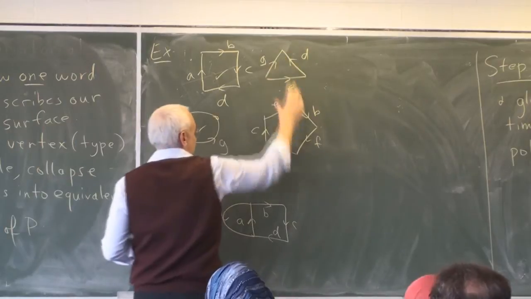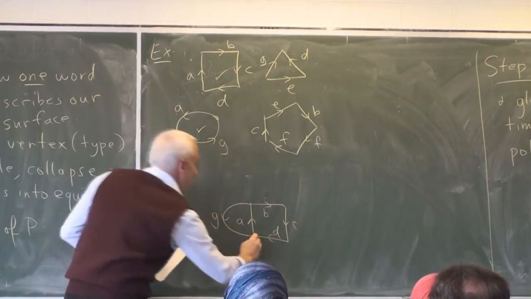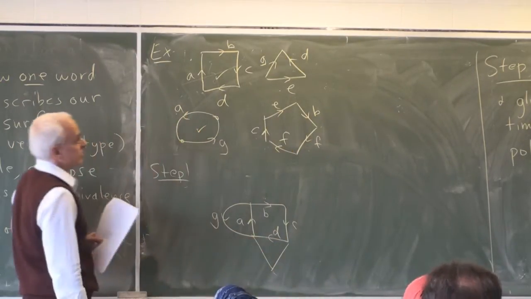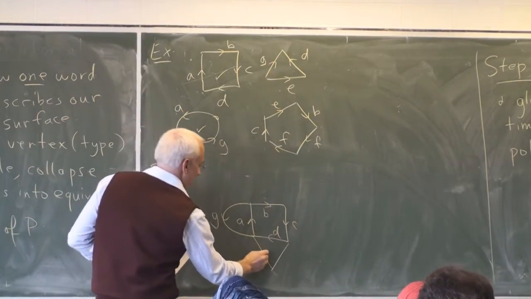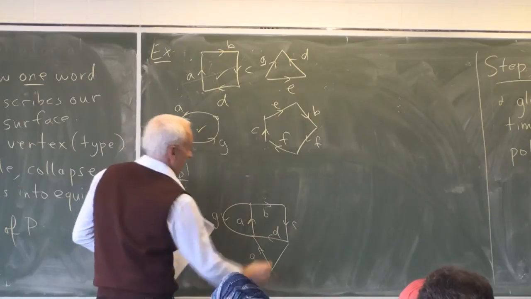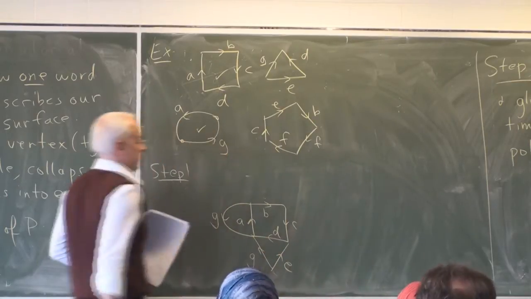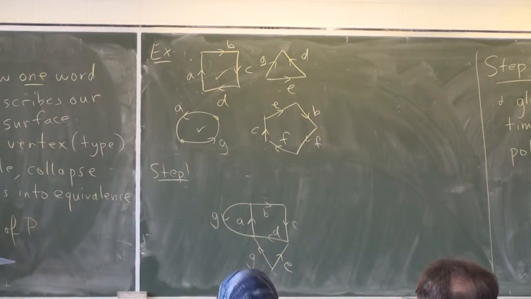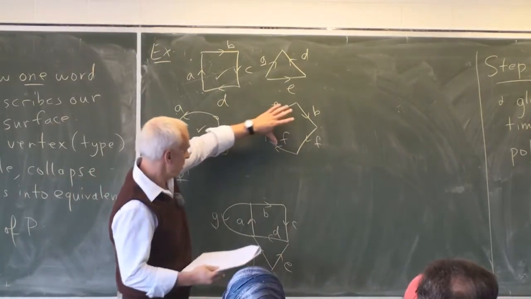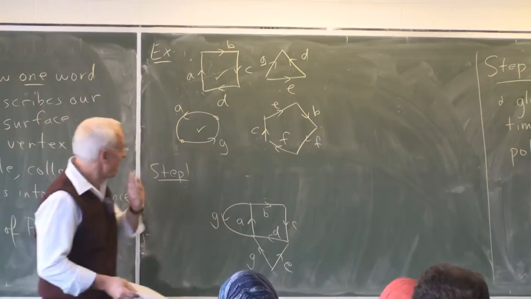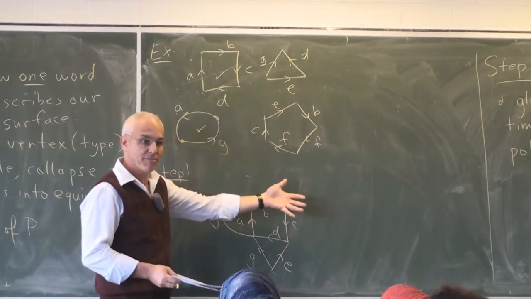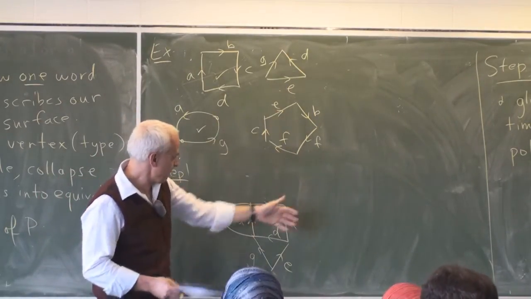And then we could stick this triangle on via the D edge. So we just move it around so the D's line up, and then the G edge will be here, and the E edge will be there. And finally, we could take our pentagon and match it up, say, on that C edge. But to do that, we'd have to flip it over, because that C is going up. We want to flip it over.